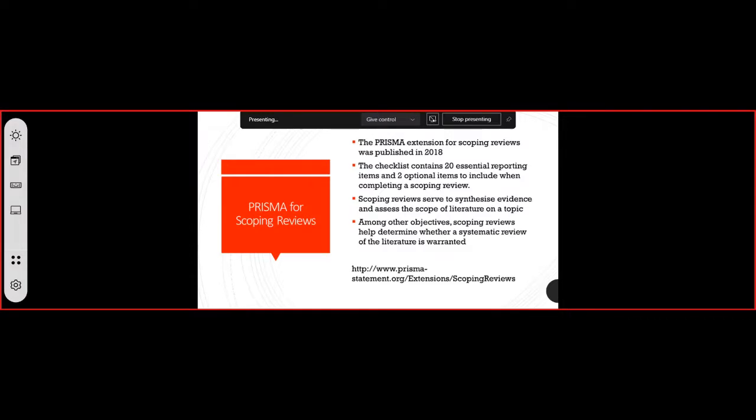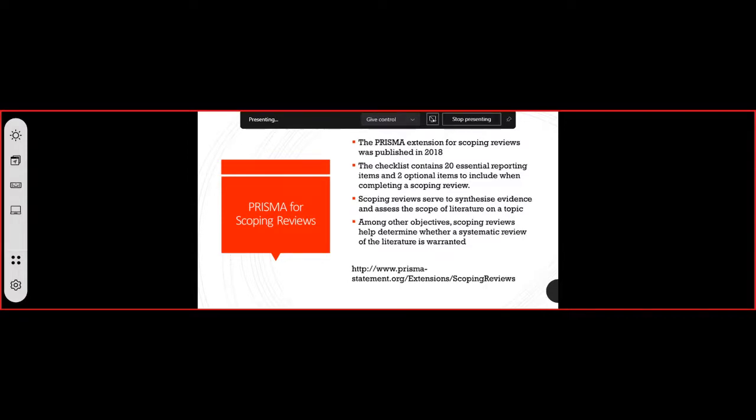So it gives you the objectives and helps to determine as well whether a systematic review of the literature is warranted. So I'm not going to go into it in depth. It is merely to give you an indication where you could find checklists so that you are quite sure that you have everything written up in your chapter.